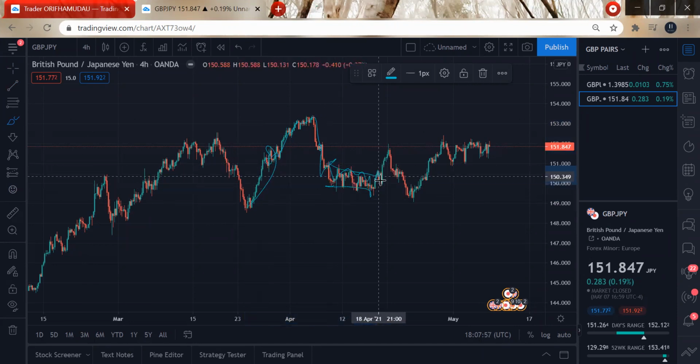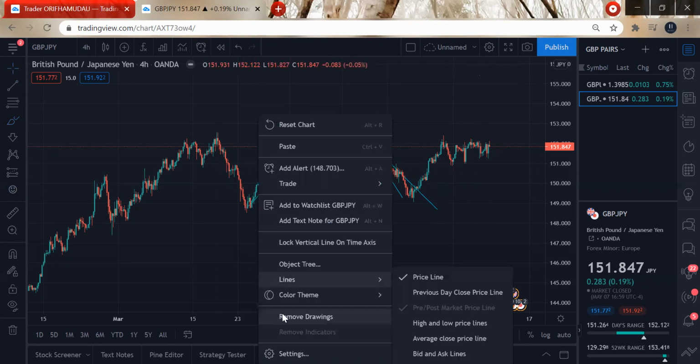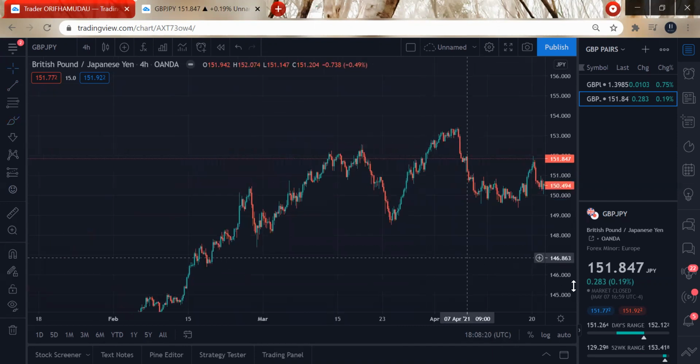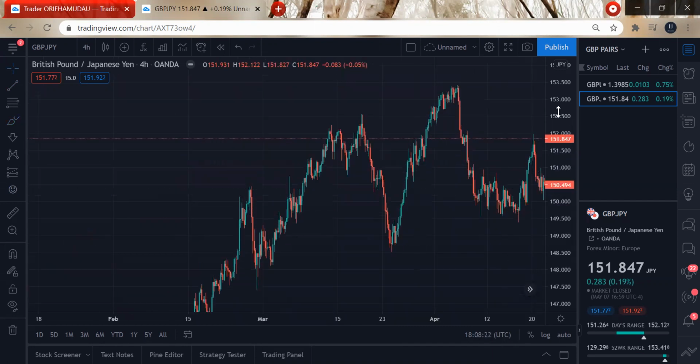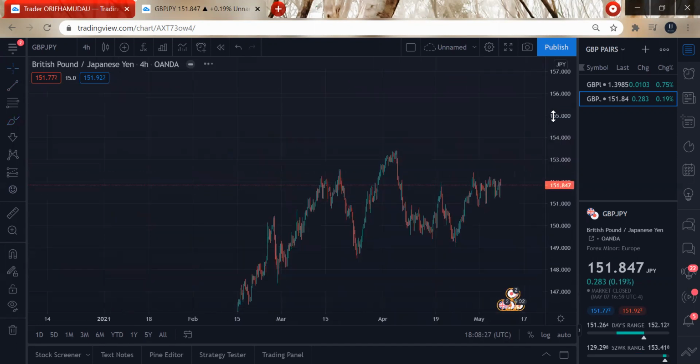From there, impulse, correction, impulse. And then from there, it impulses down and gives us another reversal structure here. And then impulse. So you see how the market moves. It's basically a sequence of impulses and corrections. I just wanted to get to the framework of what we'll be doing before we get into the strategy. That's basically it.